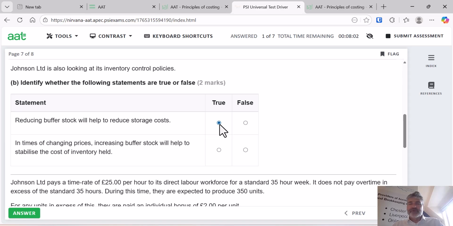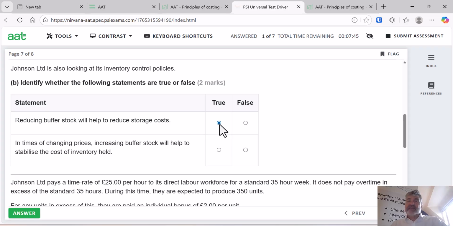Our second statement, in terms of changing prices, increasing your buffer stock will help to stabilize the cost of inventory held. Well, if you've got some buffer stock in there, then you've secured that at a known price.